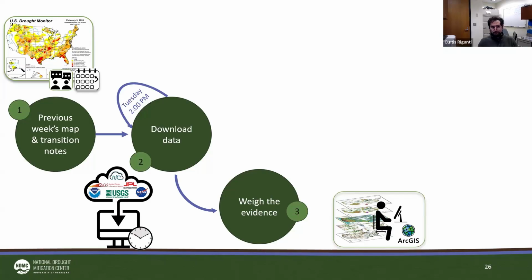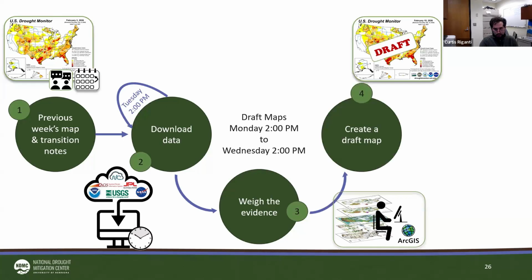So for example, if heavy precipitation fell somewhere on Tuesday afternoon, that's not going to be considered until the following week's map, because the map that you see online is a snapshot of conditions as of Tuesday morning and the week previous.